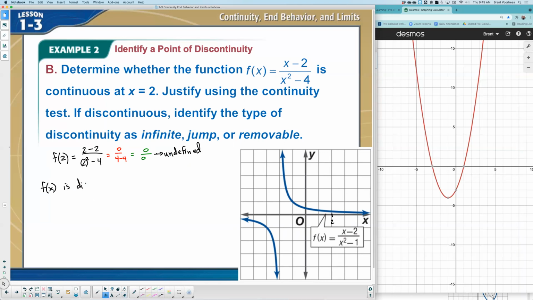Now I'm about to talk about what's wrong with the picture. f of x is discontinuous at x equals 2. Positive 2 this time. So why is it discontinuous when the graph looks continuous? Because it should have an open circle right there.